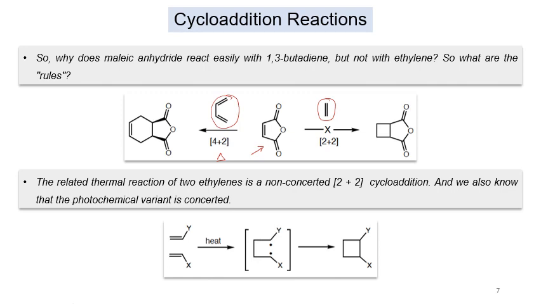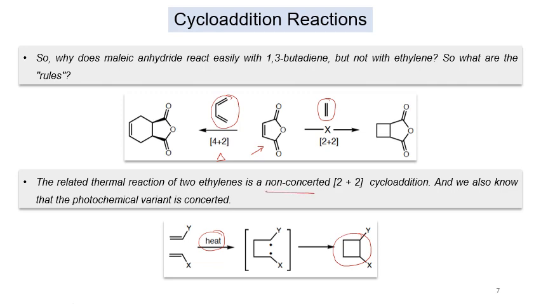Also, we know that certain olefins can be combined under thermal conditions to give you cyclobutanes. But we know that such reactions take place at very high temperature and are non-concerted.